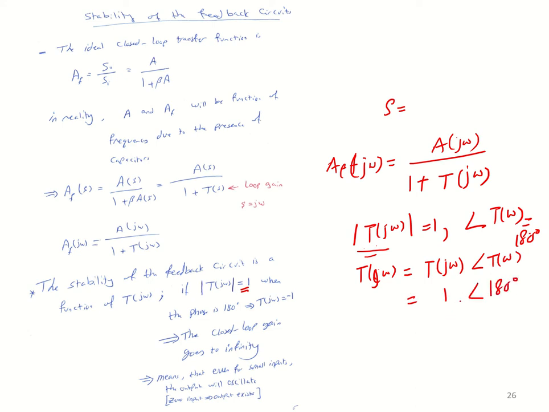This is a phasor form. If you convert to real and imaginary form, this is basically -1.